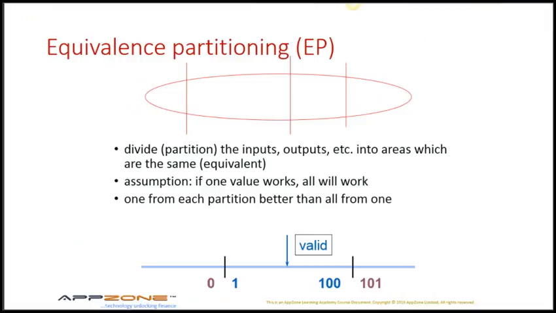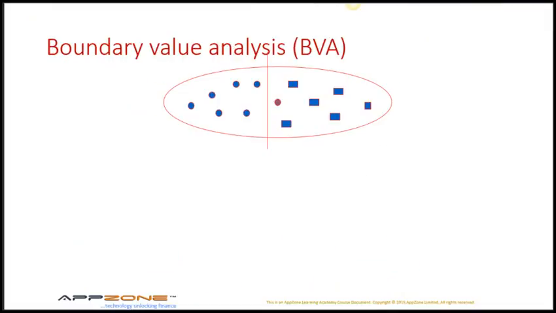So anything within that particular partition is valid, but anything outside the partition definitely is invalid for that specific test. Then we have the boundary value analysis. These two, this last and this, are very important techniques.